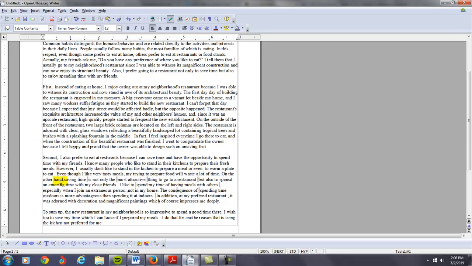So on the other hand, you can say saving time is not only the most attractive thing, it's one of the most attractive things about going to a restaurant.